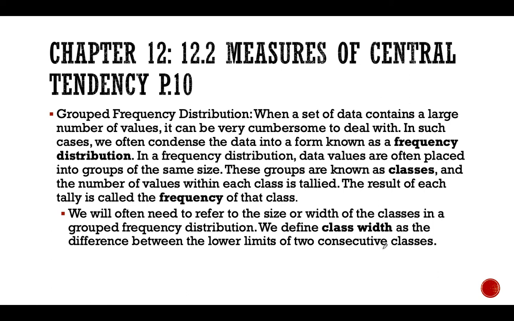The number of points that fall in each of those classes is tallied and is used as the frequency of that class. Sometimes we need to refer to the size or width of the classes, so we define the class width as the difference between the lower limits of 2 consecutive classes.